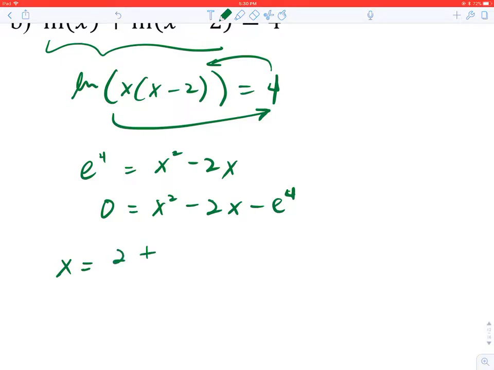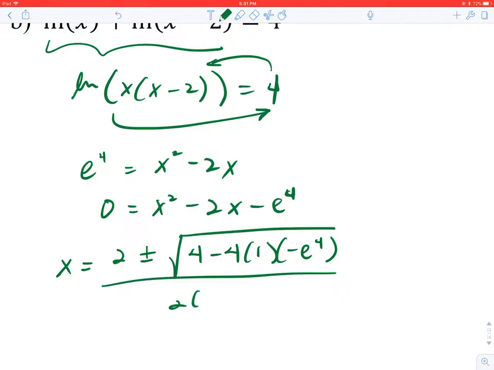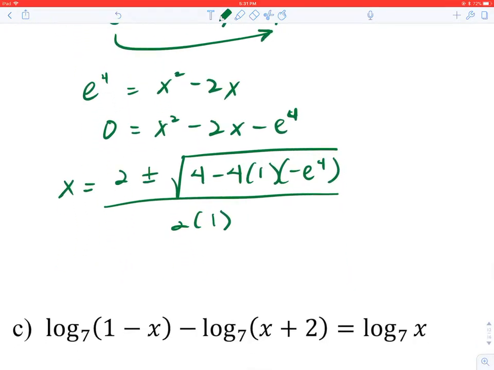So x is equal to 2 plus or minus the square root of 4 minus 4ac, all over 2a. Okay, so we get x is approximately, wish I had the quadratic formula programmed into my calculator.